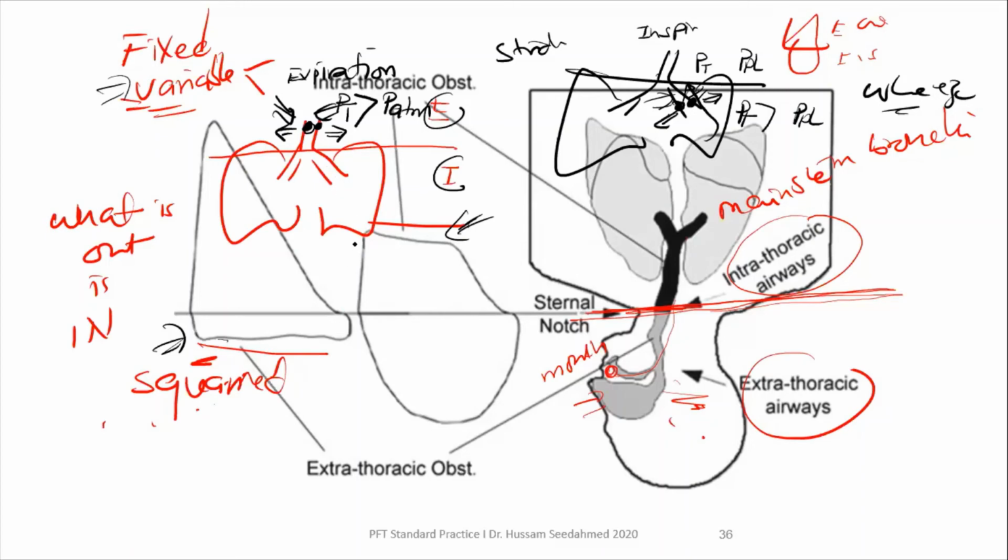But after all this, I come and say that the flow volume loop is an insensitive test for upper airway obstruction. After all this talk, it's still an insensitive test. Why? Because for the squared-off appearance and the other things I talked about to appear, the tracheal lumen should usually be less than 8 millimeters, or an 80% reduction in the tracheal area.